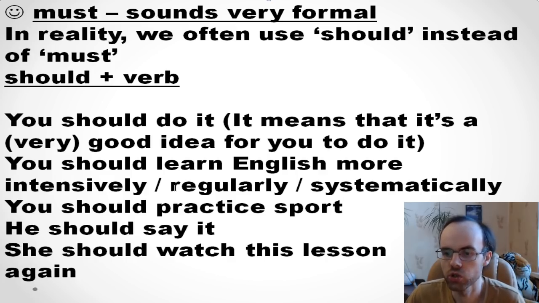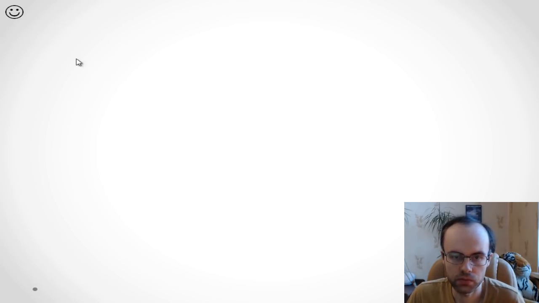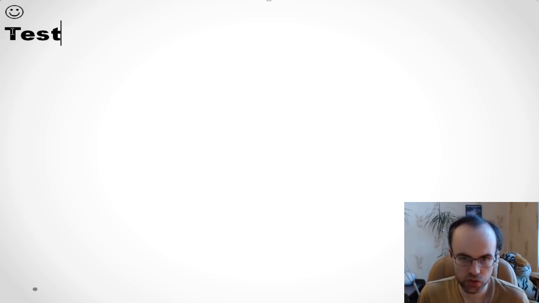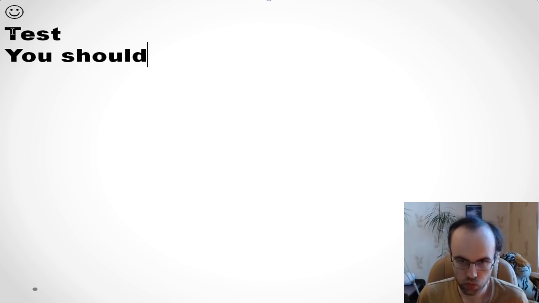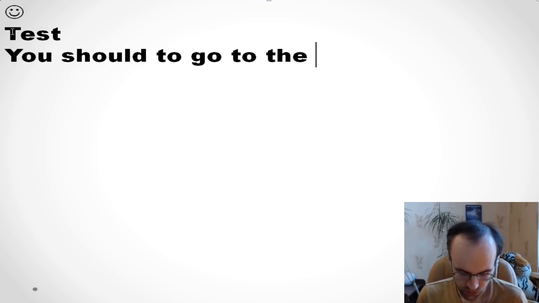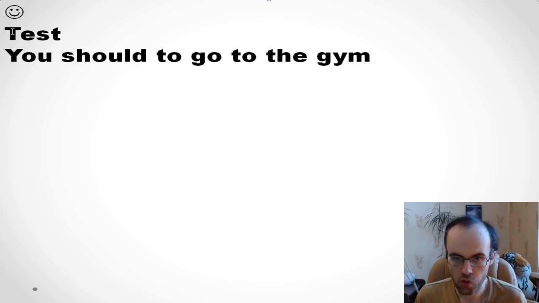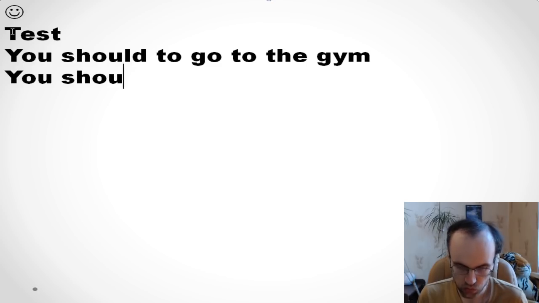Okay? You should practice sport. He should say it. She should watch this lesson again. Good. And so I have a test for you, as usual. So test. You should to go to the gym, or you should go to the gym?